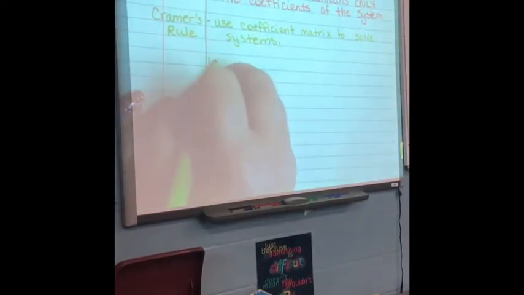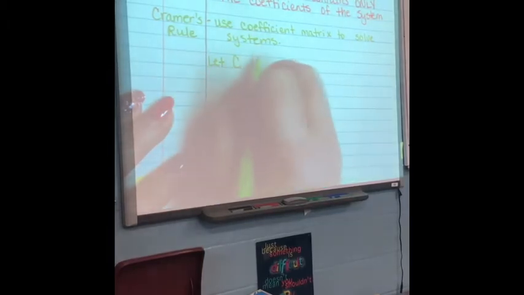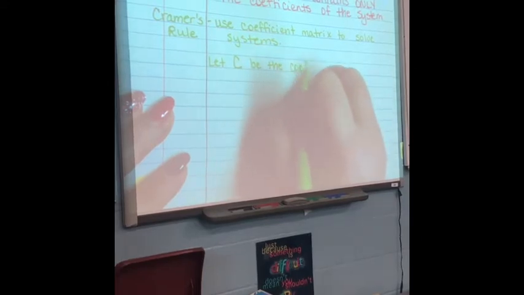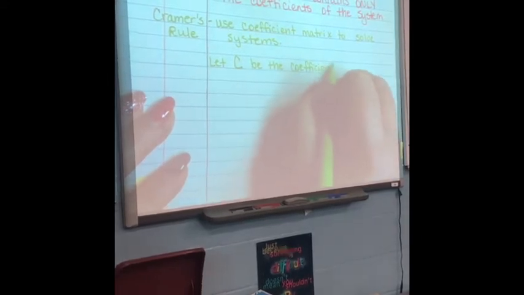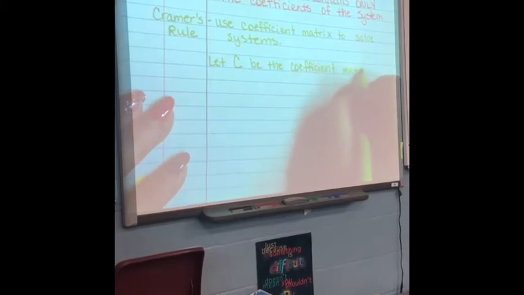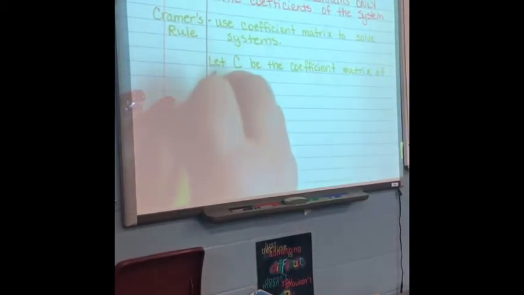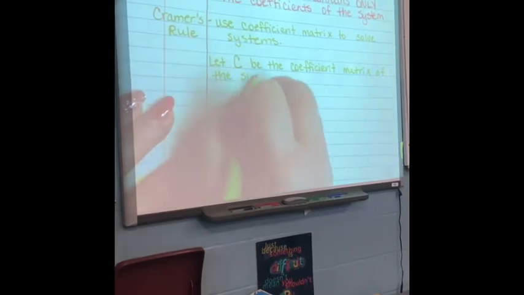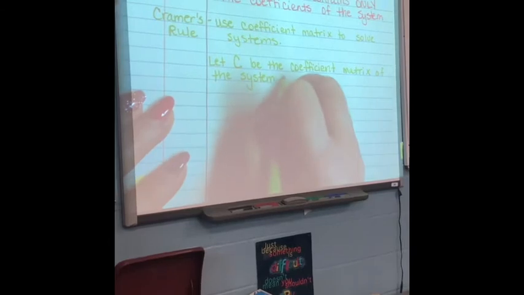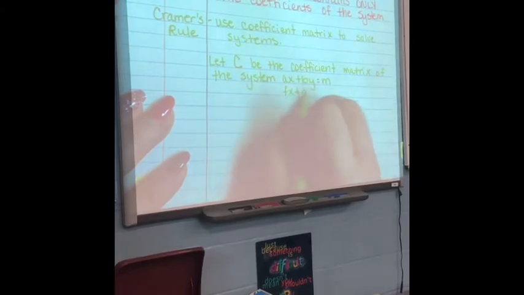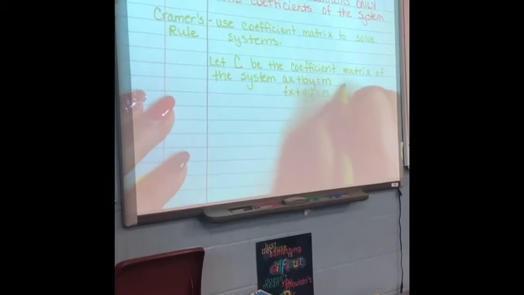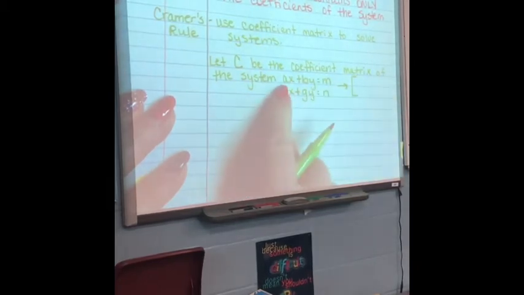So we're going to let the capital C be the coefficient matrix of the system AX plus BY equal to M, and FX plus GY equal to N. So my coefficient matrix would be just the coefficients of the variables. So A, B, F, G.